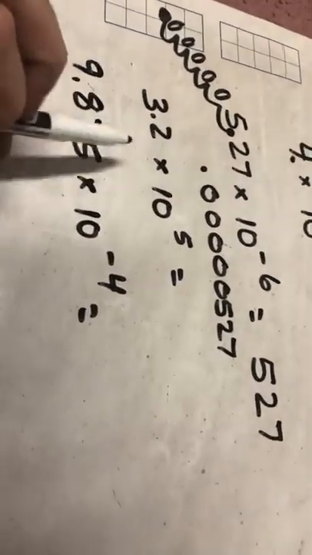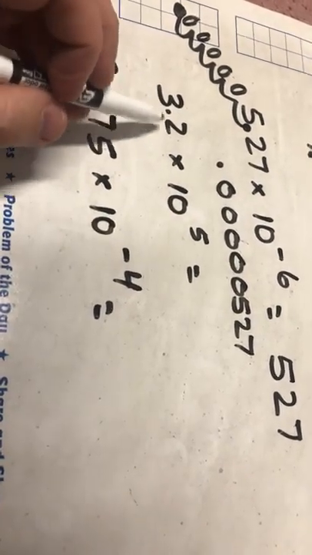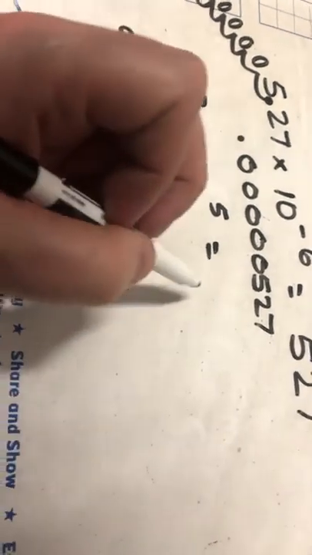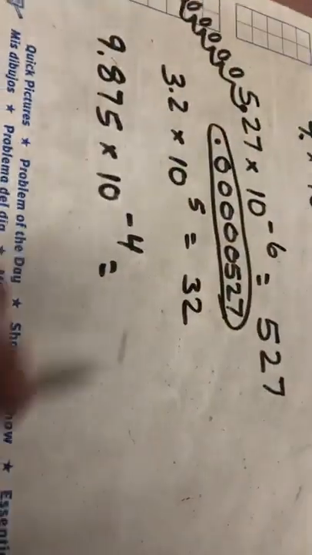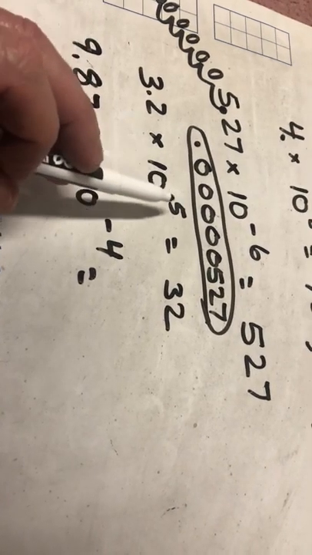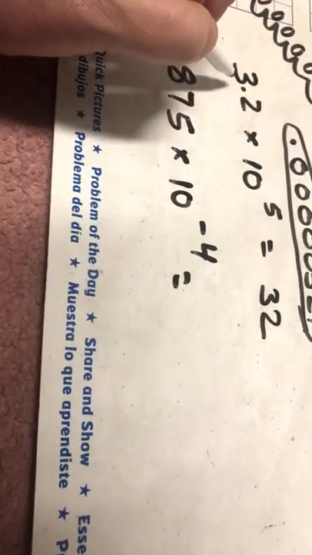So if we move on to the next one, 3.2 times 10 to the power of 5. All right, well, I know that 32 times 1 is going to be 32, so my answer is going to start with a 32. I'll circle that there to show that that's our answer. Now this is 10 to the power of 5, so my decimal is going to be moving to the right 5 places. It's getting exponentially bigger.